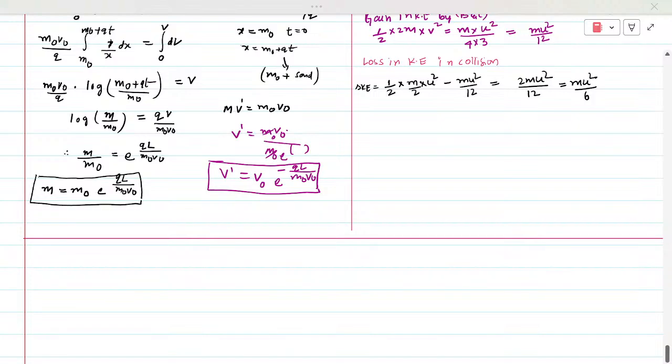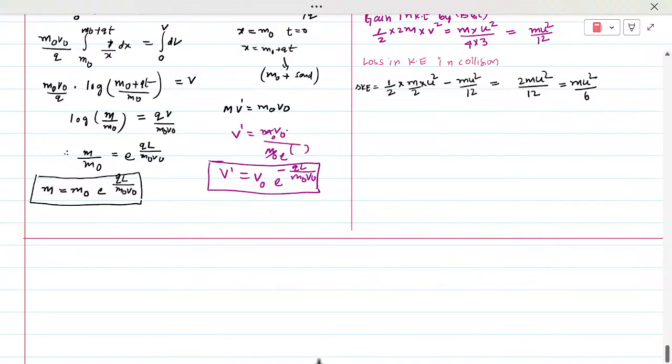During the impact means the same way the question will come like this.